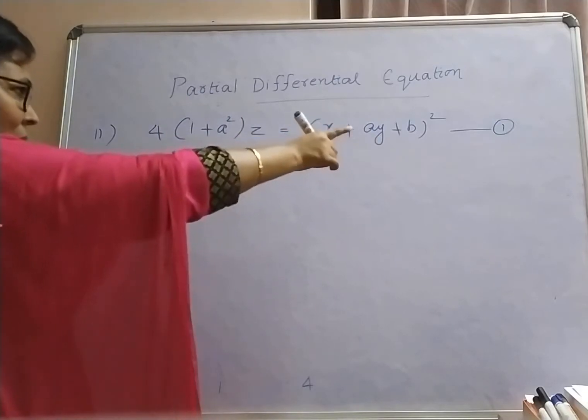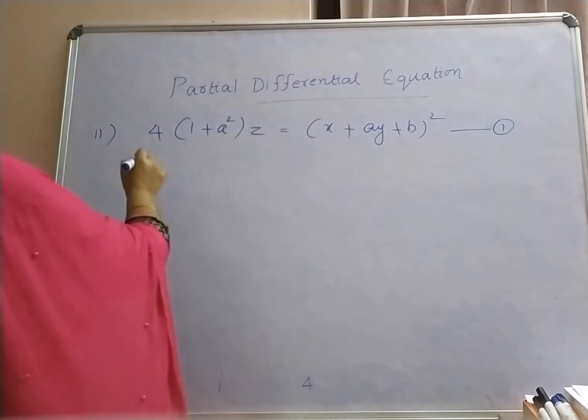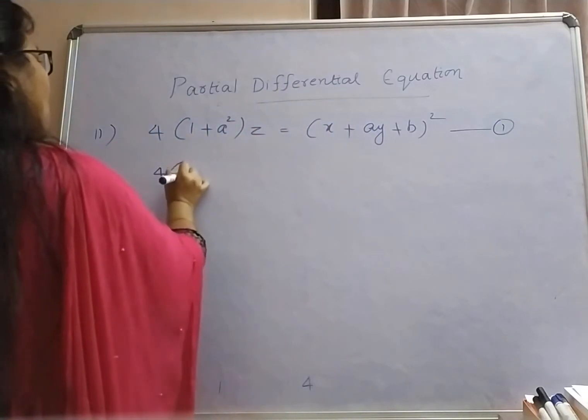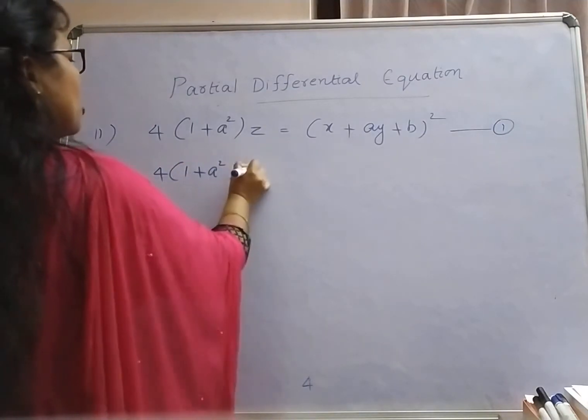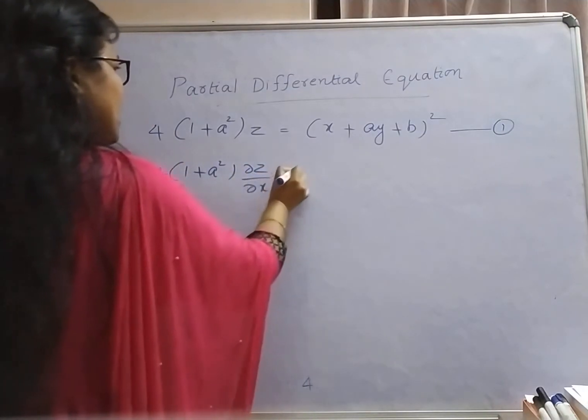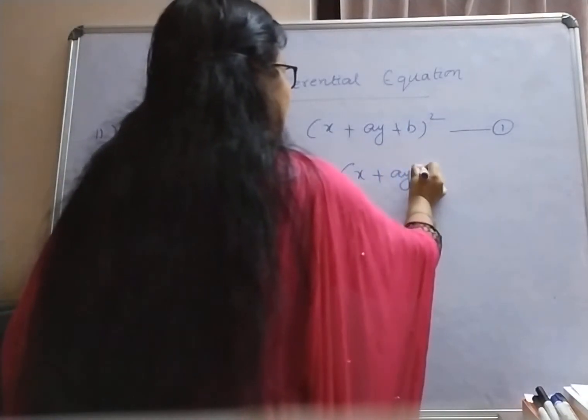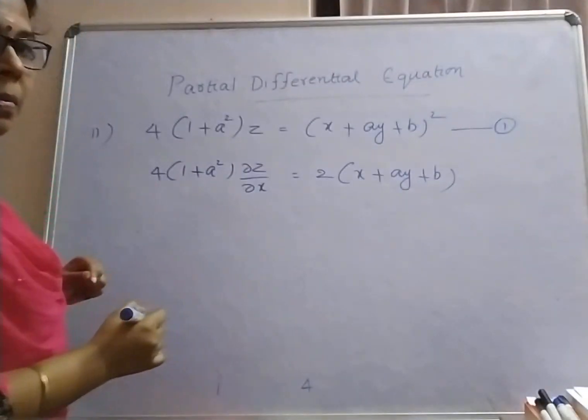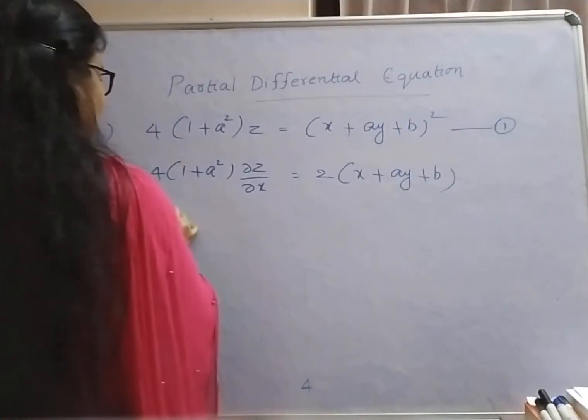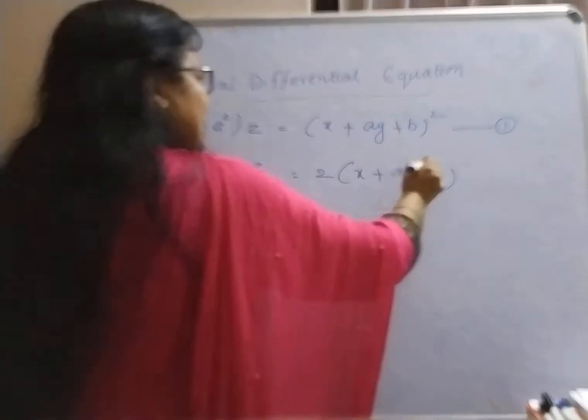First, partially differentiating equation number 1 with respect to x. That is 4 into (1 plus a square) into dou z by dou x equal to 2 into (x plus ay plus b). Put it as equation number 2.